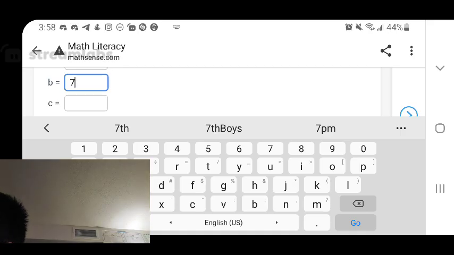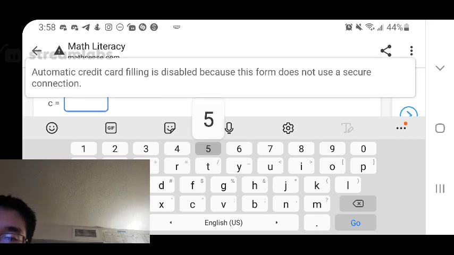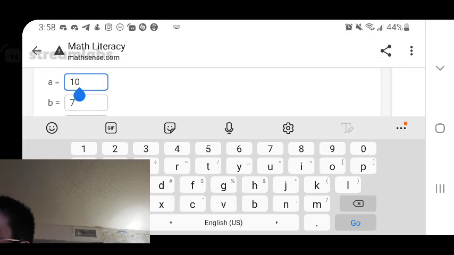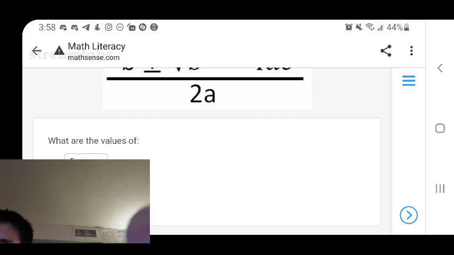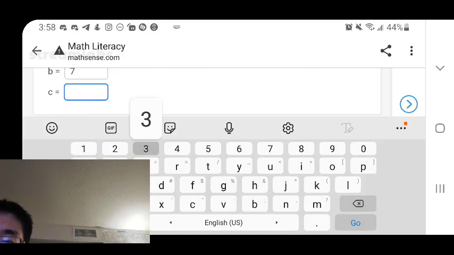Okay. 5, and C is 3. You want to simplify it. It's 5. Why is it 5? 5, 7, 3.